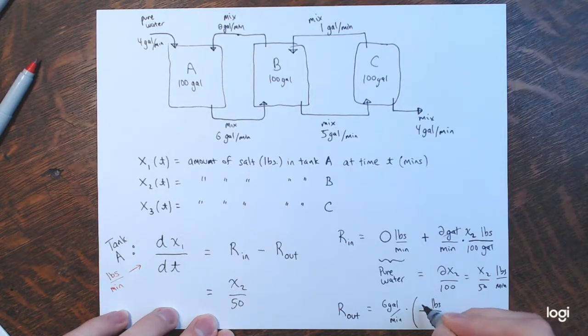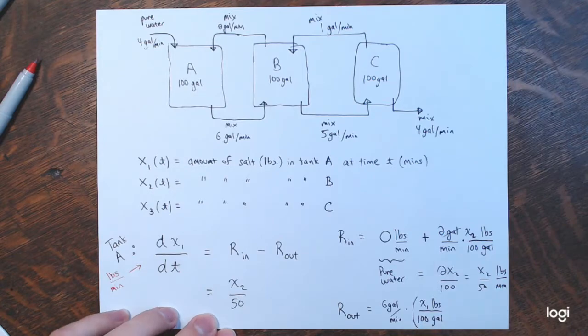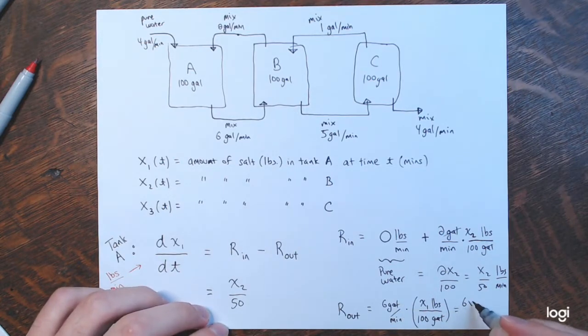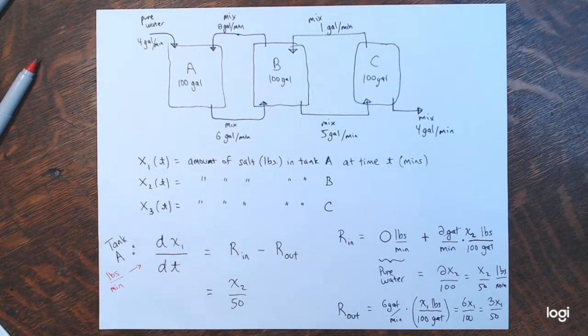Well, in tank A there are x1 pounds at any given moment, divided by the 100 gallons, and then your gallons will cancel. So this is 6x1 over 100, but if you were to reduce this, this would be 3x1 over 50 pounds per minute of salt coming out of tank A.